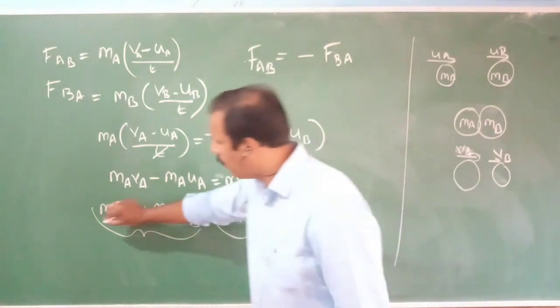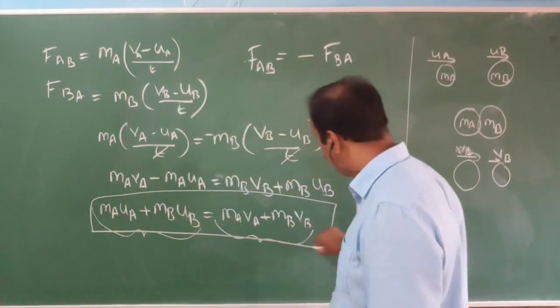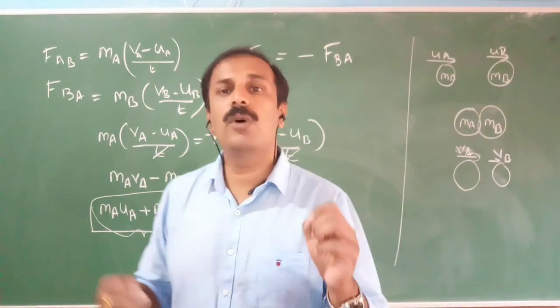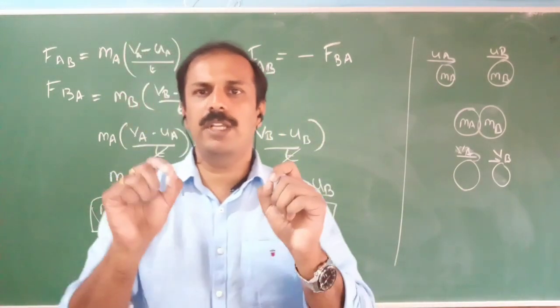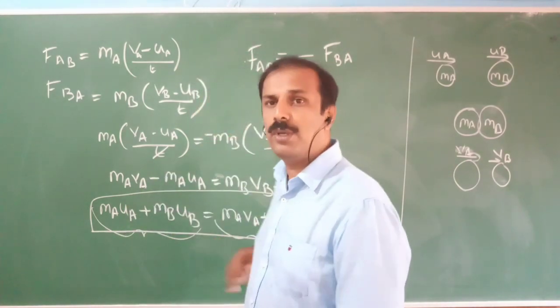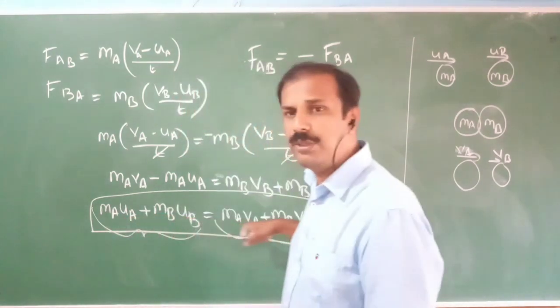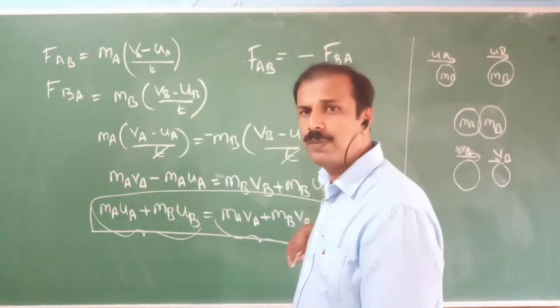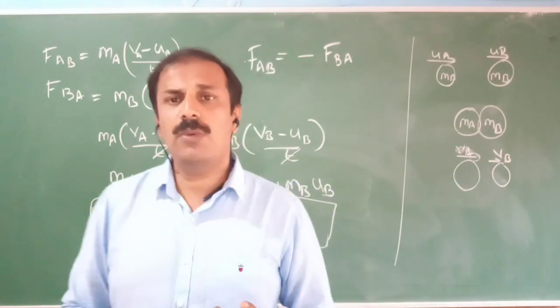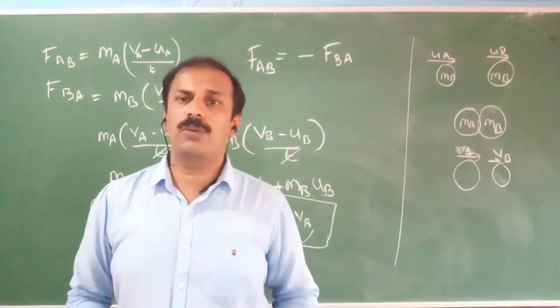This is very important. From the second law of motion, we are getting this. Based on this, you will have to do so many numerical problems. Total initial momentum is equal to total final momentum.